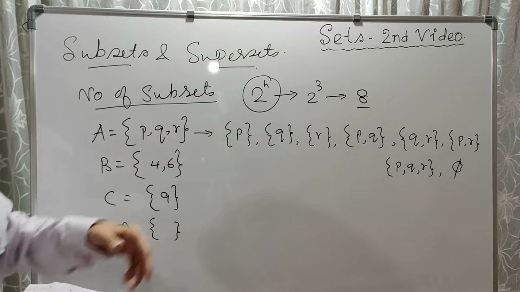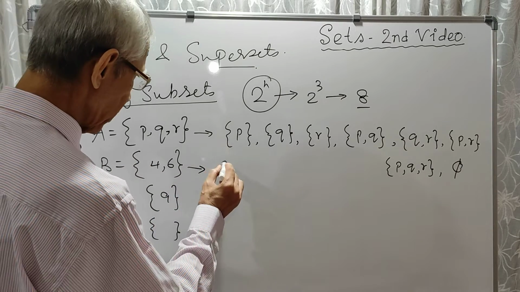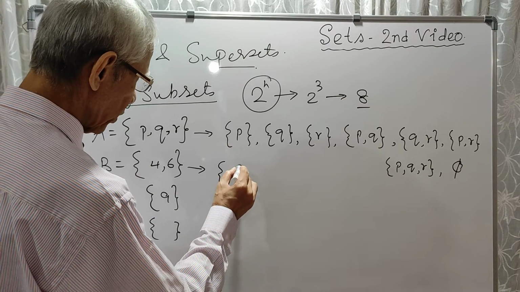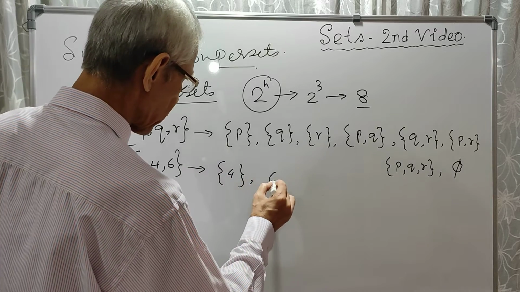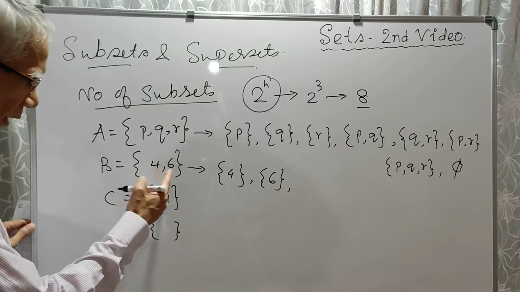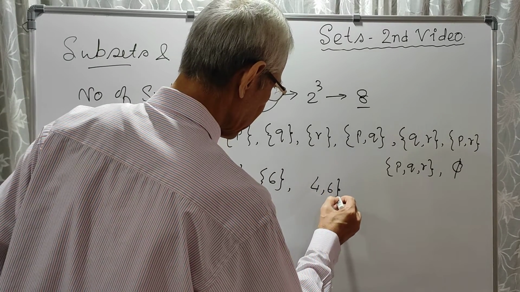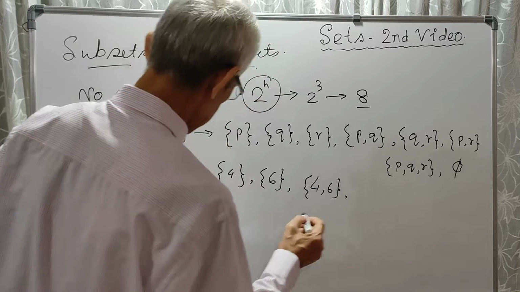So using this formula, now let us see this one. Suppose there are 2 elements, then 4, this is the first subset, then 6, this is the second subset. So taking 1 at a time, 4 and 6, taking 2 at a time, 4, 6, and then just the null set.